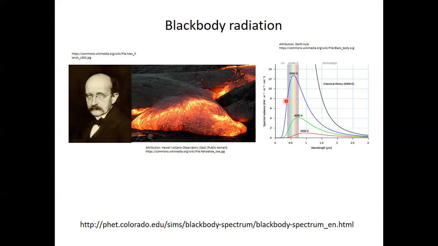So if you go to extremely high temperatures, you will see that your object starts glowing white. But you already have a significant amount then of UV radiation as well.